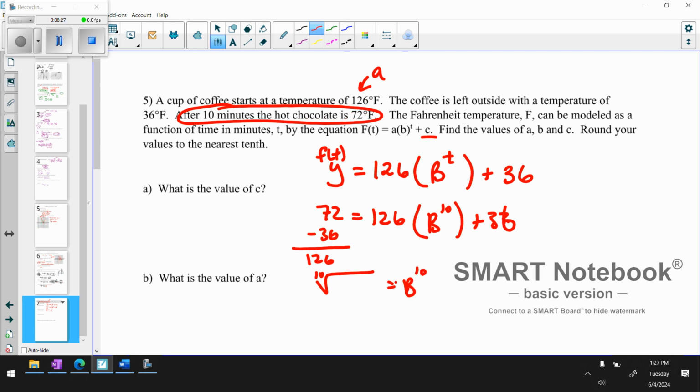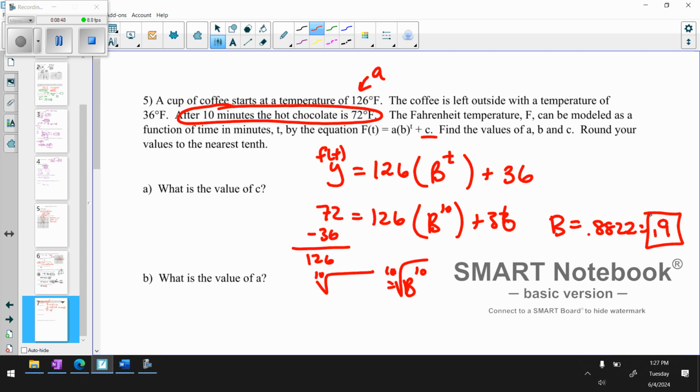Because that's B to the 10th. How do we solve it? We take the 10th root. What this gets me is B to the nearest 10th we're looking for, 0.8822, so that's 0.9.